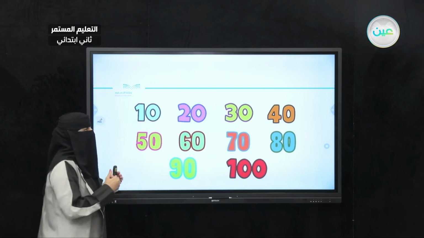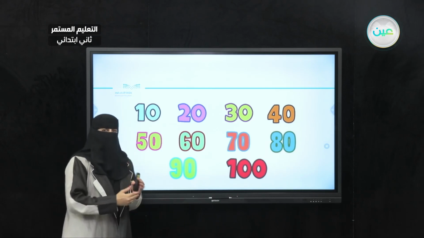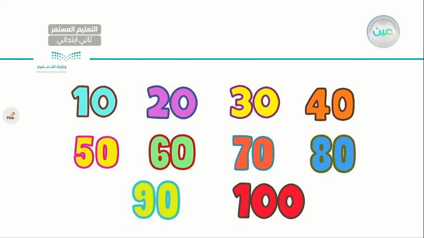Numbers by tens, that means I will add 10 at a time. So I have 10, 20, 30, 40, 50, 60, 70, 80, 90, 100. Okay? So as you noticed, I add 10 at a time.